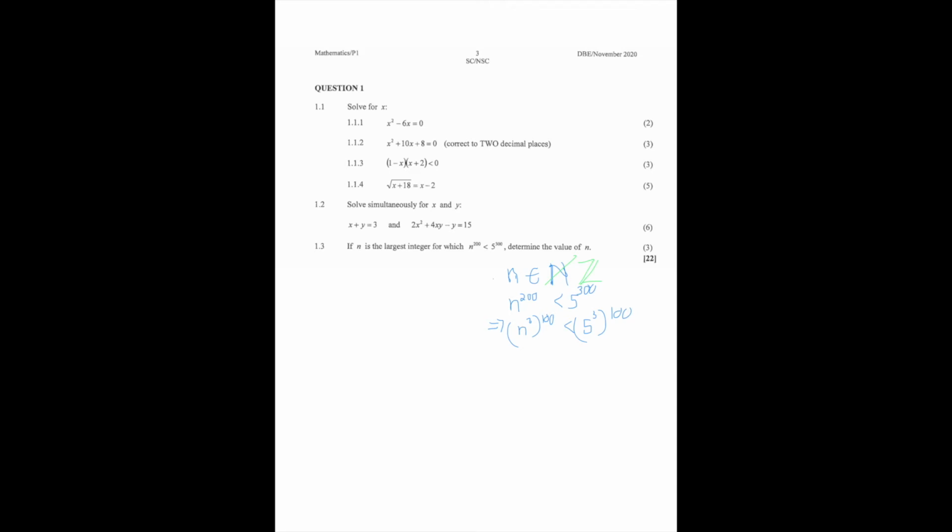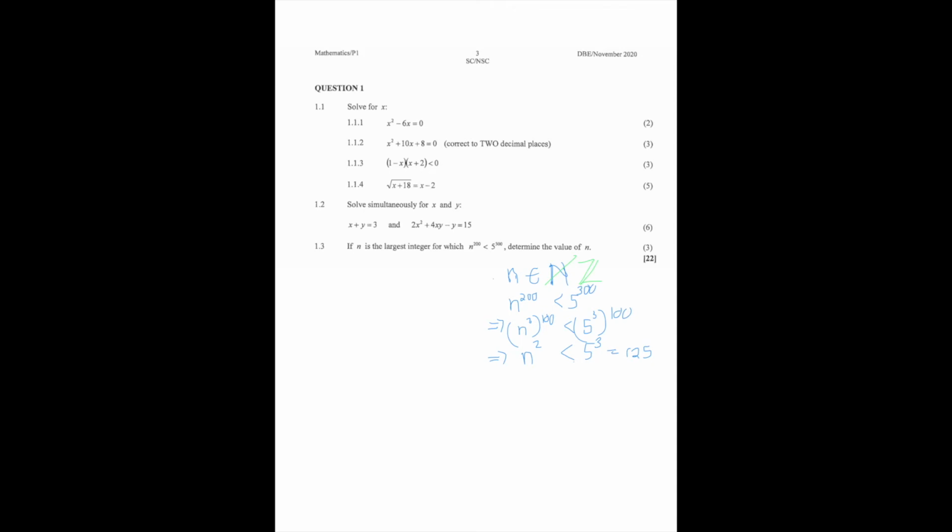Then we can reduce this further and remove the power 100 and say that n squared is less than 5 to the power of 3, which is equal to 125, right?